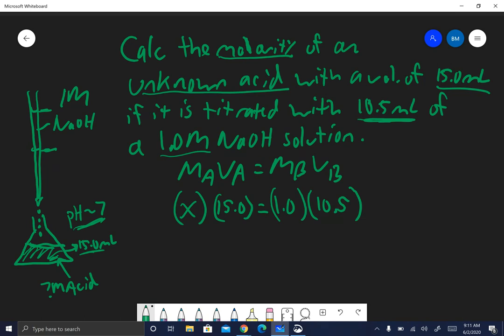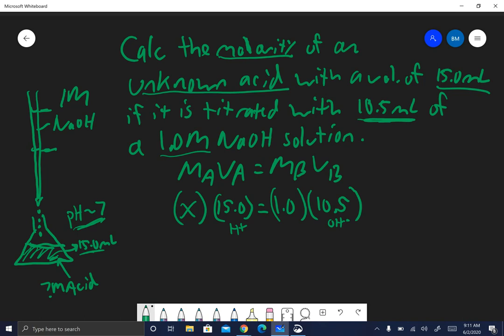If I know 10.5 milliliters of a base neutralize all the acid, what does this really mean? My 10.5 milliliters of OH minus is enough OH minus to neutralize the 15 milliliters of the H plus. Once all those cancel out, you get water. So this concentration isn't too far off of 1.